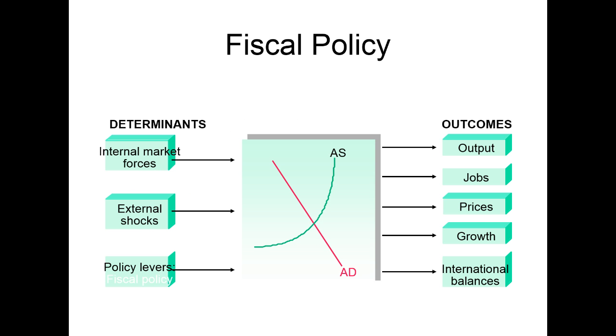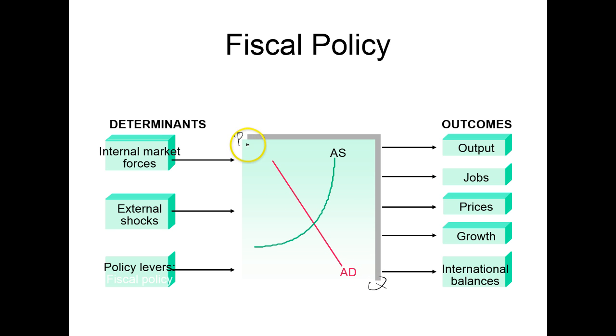I like this diagram here because this over here represents the economy. This is the economy. This is where the action takes place. What you see here is the aggregate price level, and this is the aggregate output level.